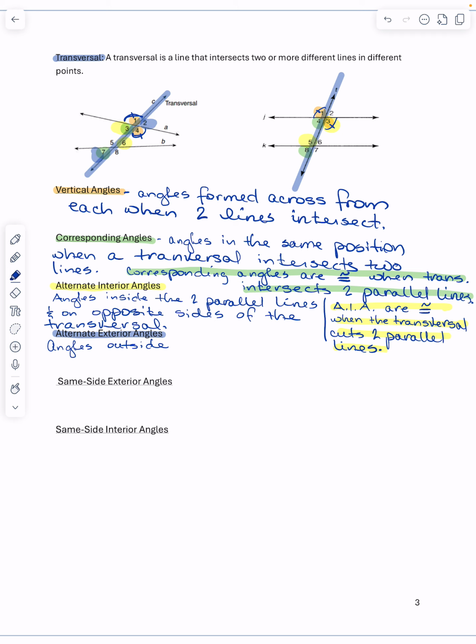Outside the two parallel lines, opposite sides of the transversal. So over here, we'll use 1 and 7, even though 2 and 8 are also alternate exterior angles. And on opposite sides of the transversal.